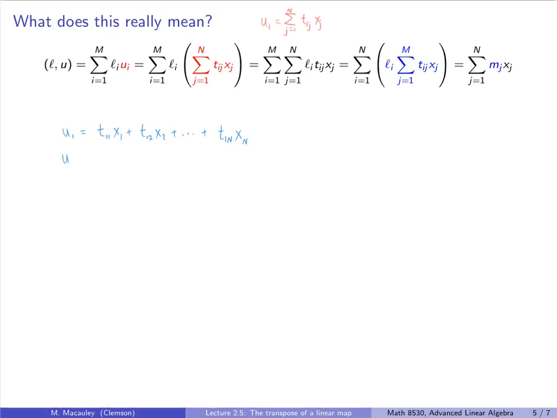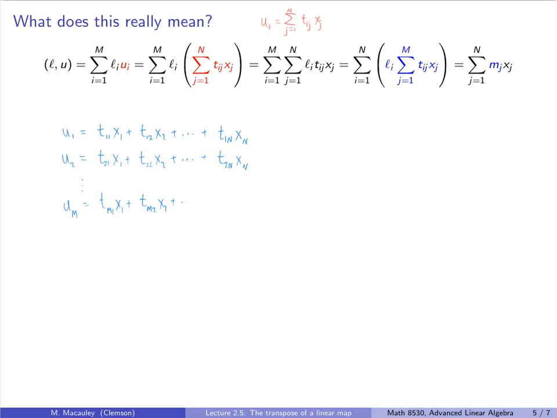Similarly, u2 is t21 x1 plus t22 x2 plus t2n xn. And um is tm1 x1 plus tm2 x2.